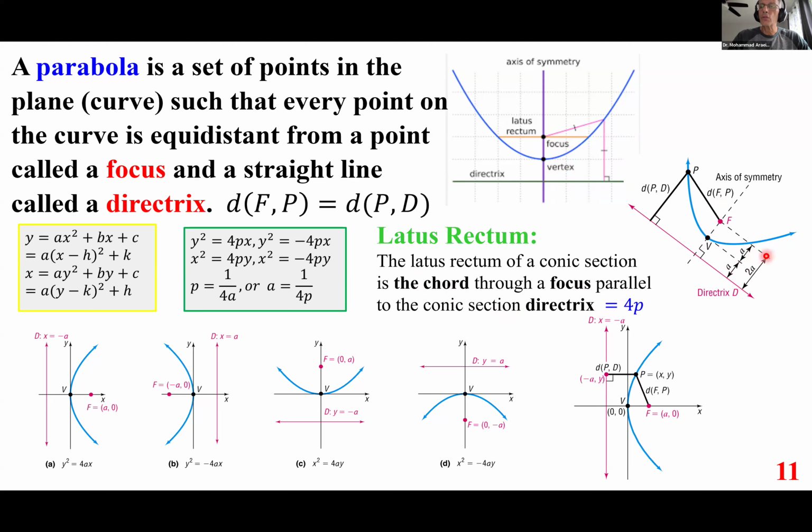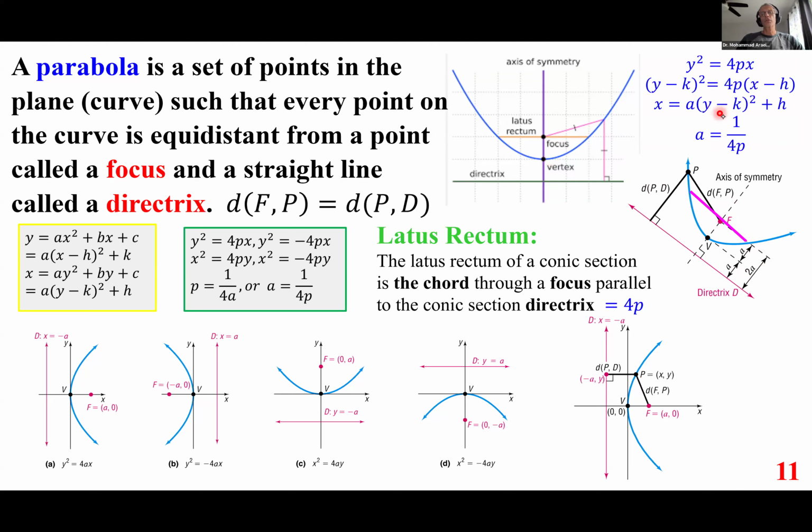Therefore, this distance is 2a, and I'm going to call it 2p. And if this distance is 2a, so is this one. If you continue, that makes it 4a, but as I said, I'm going to go with 4p. All right. So that is the distance we are referring to.